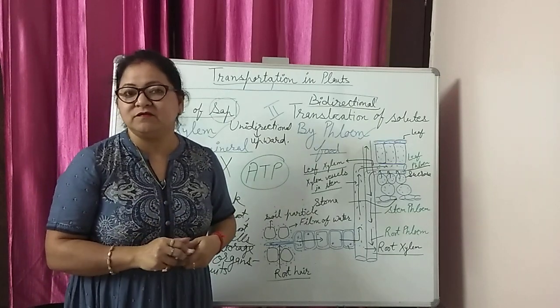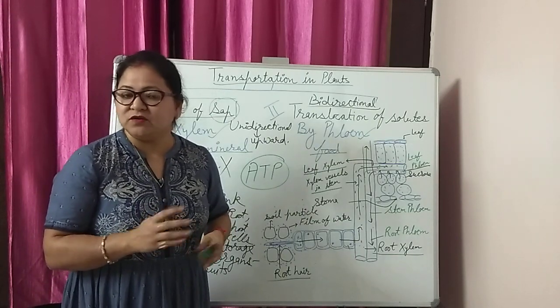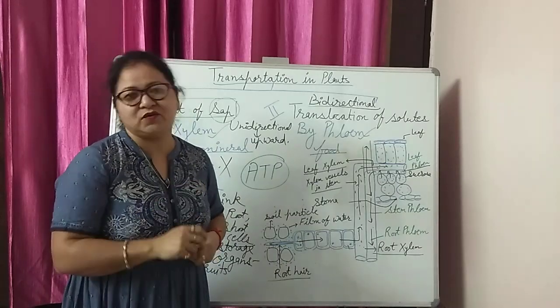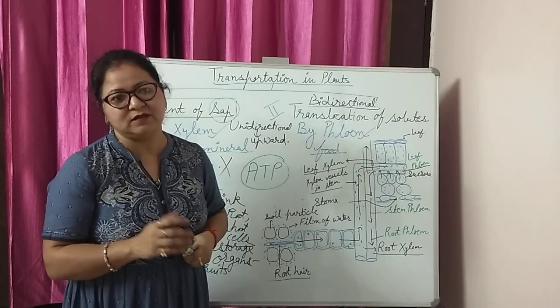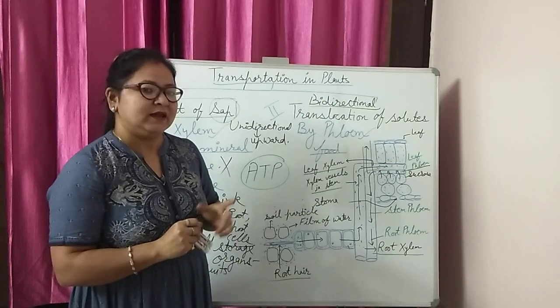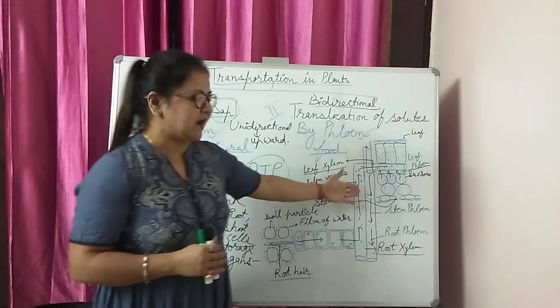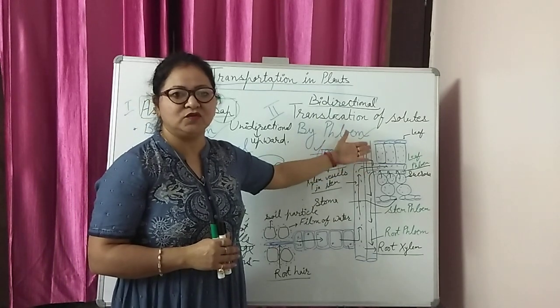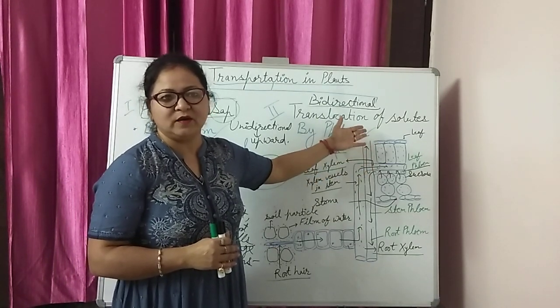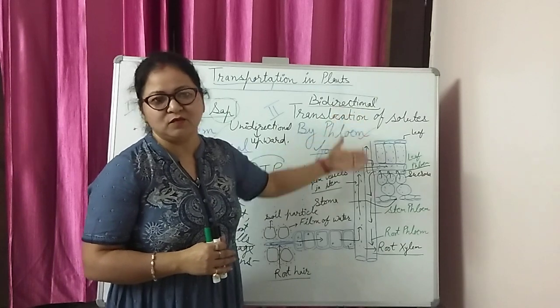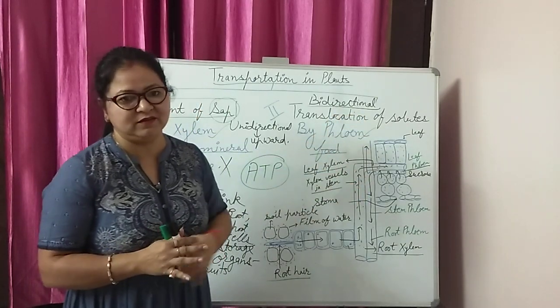The answer is sieve tubes, which do not have a nucleus, and are all controlled by their companion cells. Clear? Now, I have explained complete translocation of solute: it is bidirectional, and it moves food to all required places, shoot apices, root apices, growing regions, storage regions.